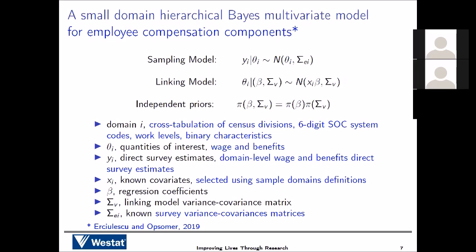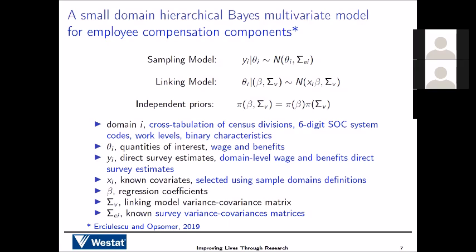And i here denotes the domain, which in this application is defined using a cross-tabulation of census divisions, that is, groups of states across the US, 6-digit SOC system codes that denote the occupations, work levels within the SOCs, which usually range from 1 to 16, and some other binary characteristics of the jobs, for example, full-time or part-time, or time incentive.